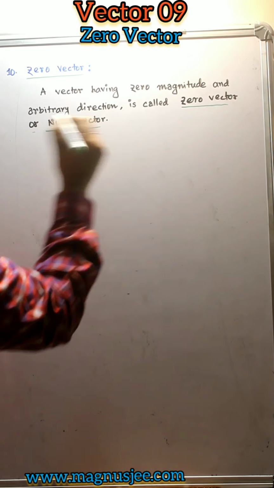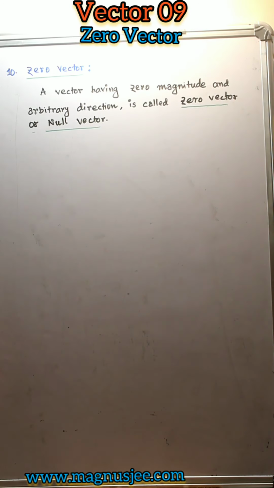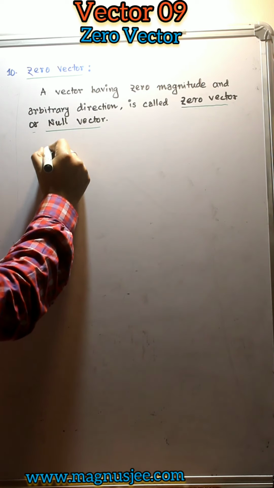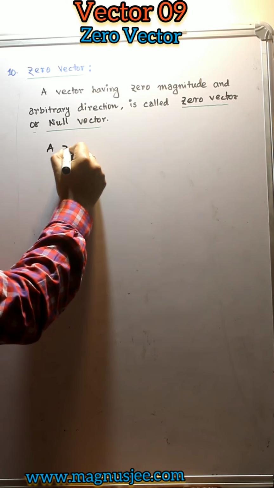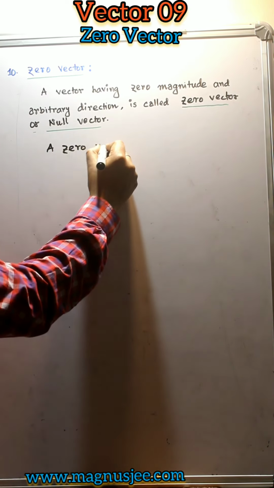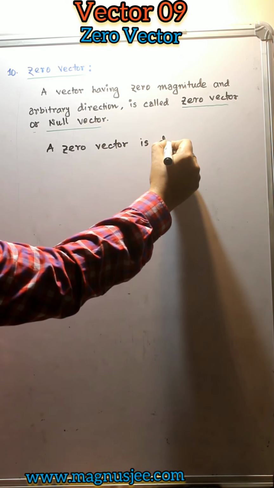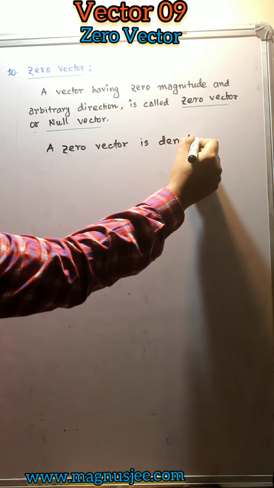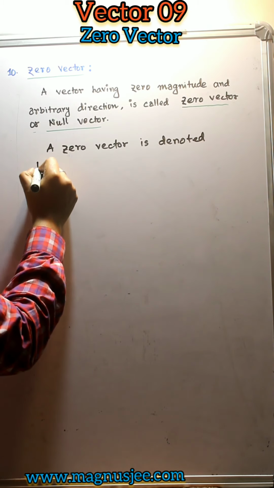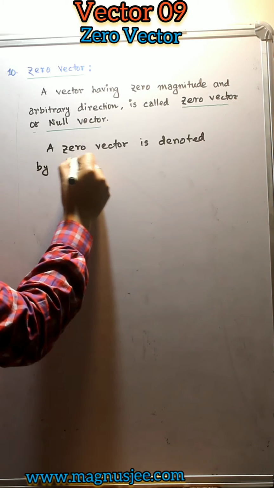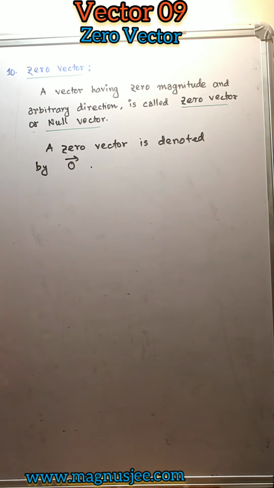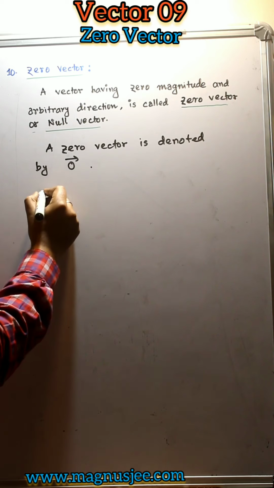A zero vector is denoted by zero with an arrow over it.